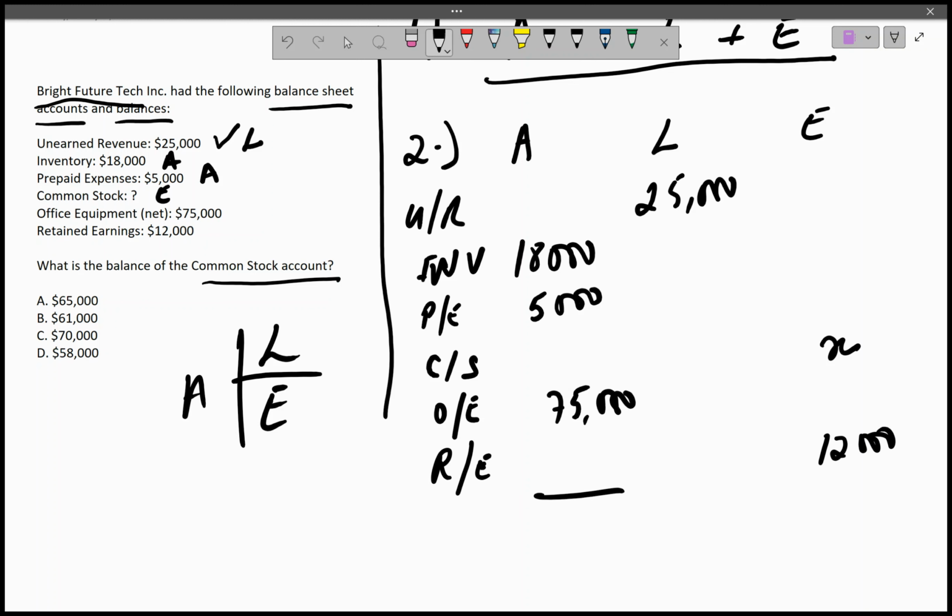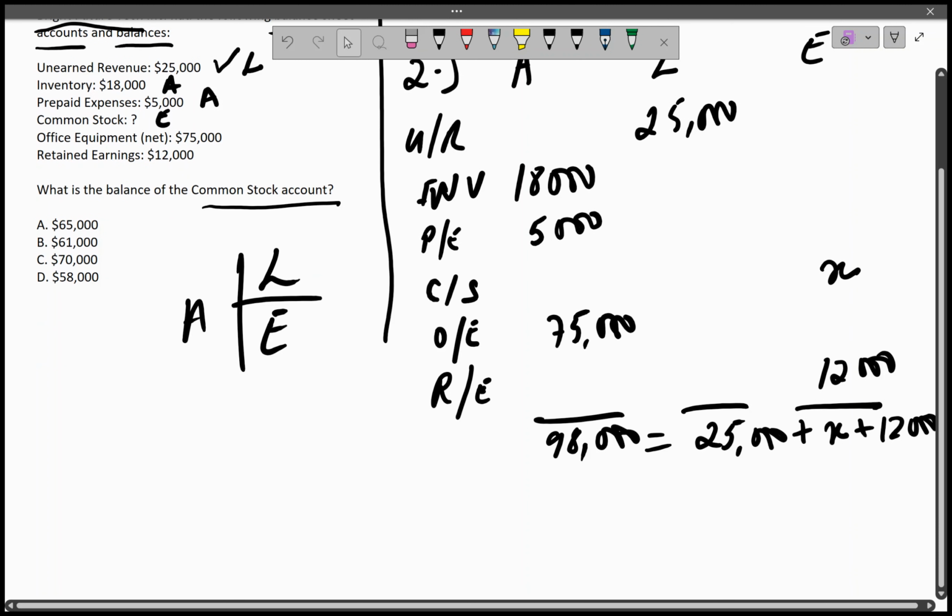So we're going to add them up. Here is going to give you a total of 98,000. The total asset of the company is 98,000. The debt of the company is 25,000. And the equity has two components: the common stock, which we're trying to determine and call X, plus the retained earnings, which is 12,000.